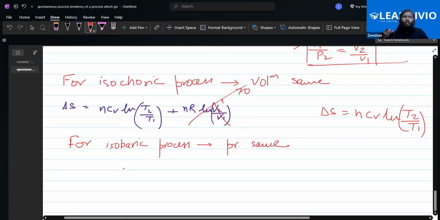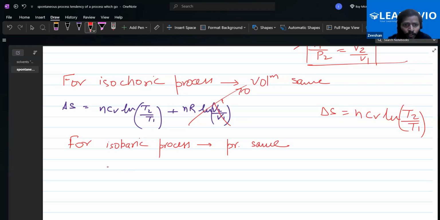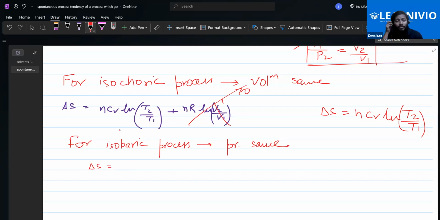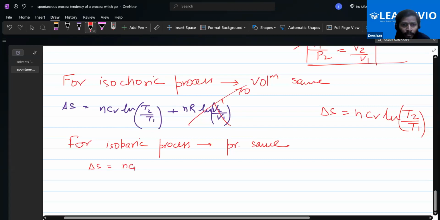So here the pressure is same. So delta S is equal to, here Cv will not come, Cp will come. Why? Cv is at constant volume and here the pressure is constant. So here Cp will come: nCp ln T2 by T1.